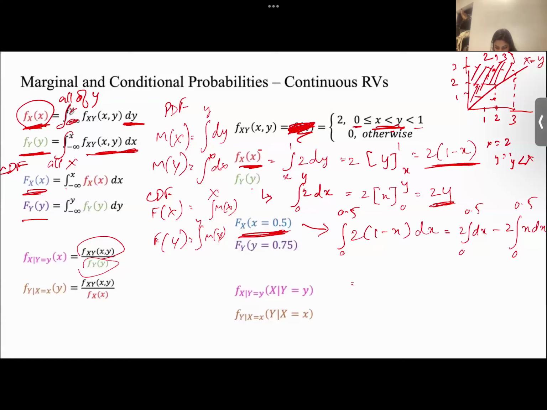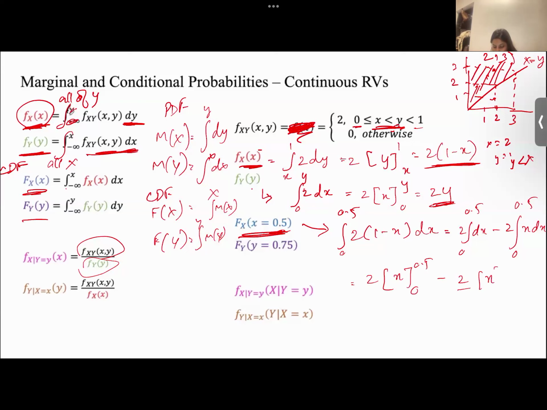If you solve this further, 2 dx, if you integrate it, you'll have 2x from 0 to 0.5, minus 2, and if you integrate x, you'll have x squared by 2.